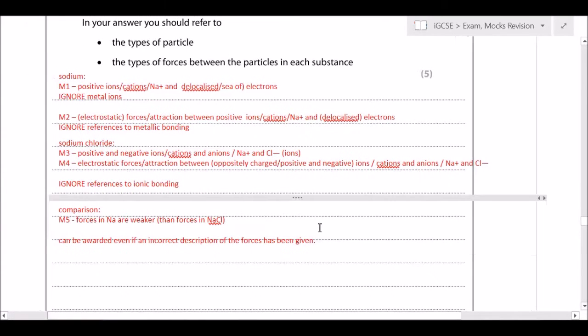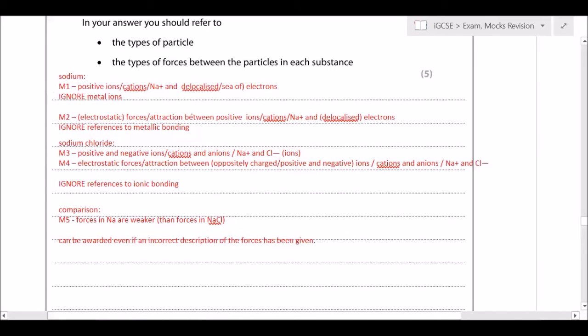So sodium has positive ions, and I'm about to give a model answer, which are held together by forces between those positive and negative ions, so electrostatic forces. So you're stating what sodium has, then you state what sodium chloride has, so that's positive and negative, and electrostatic forces of attractions.